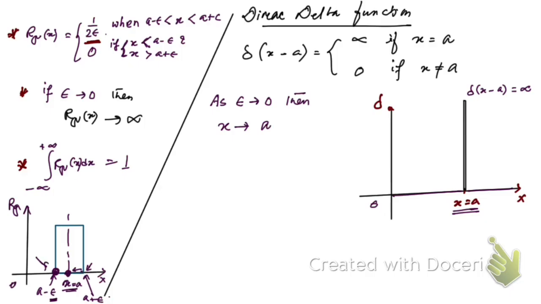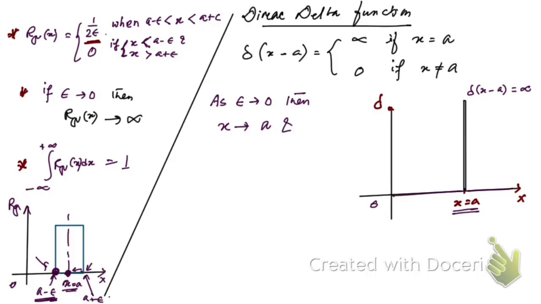Because x is equal to a minus epsilon, that tends to a. In both cases, x equal to a minus epsilon and x equal to a plus epsilon, if epsilon tends to 0, then x tends to a. If it is equal to 0, then x will be equal to a, right? Hope you have understood this logic.